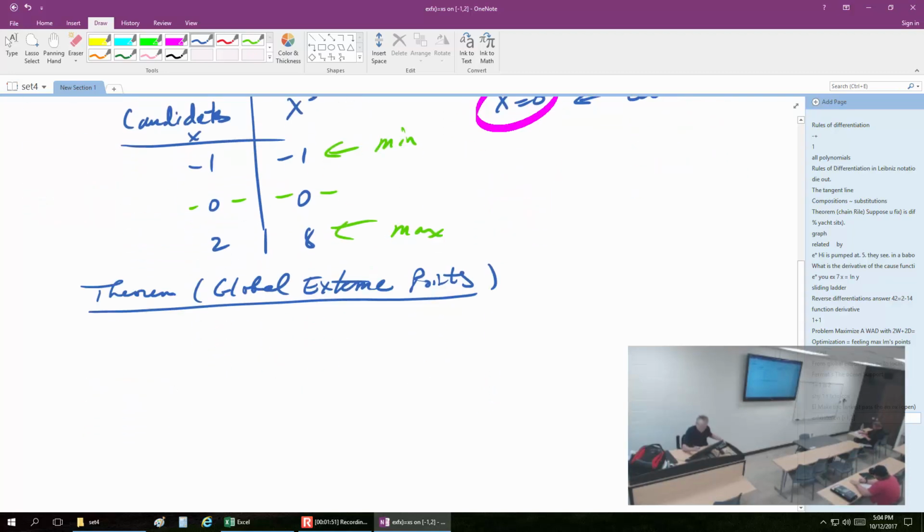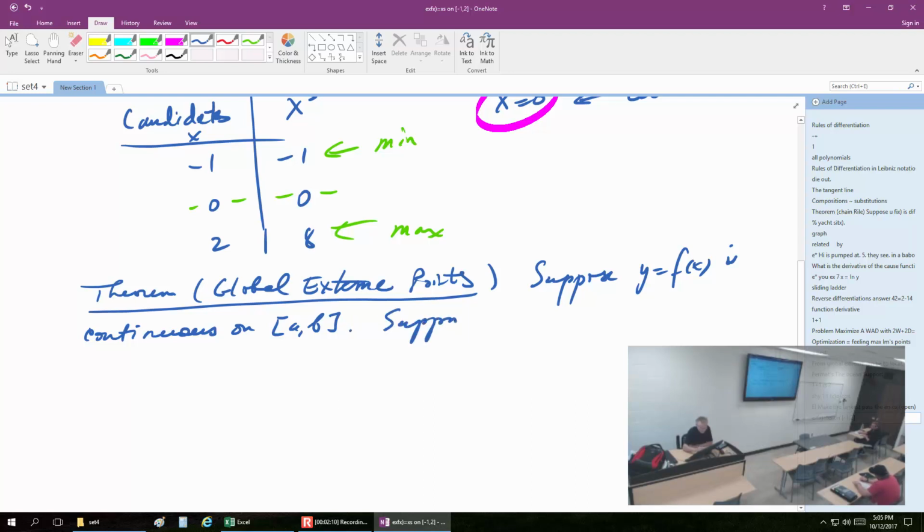So we do assume that our function f is continuous on a closed bounded interval [a, b]. Also suppose c in [a, b] is a global maximum or minimum point.